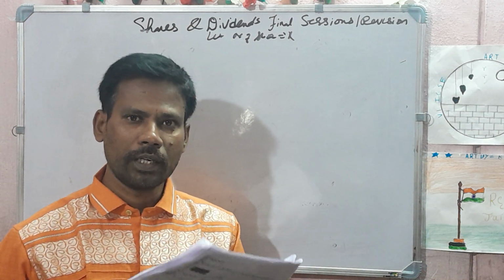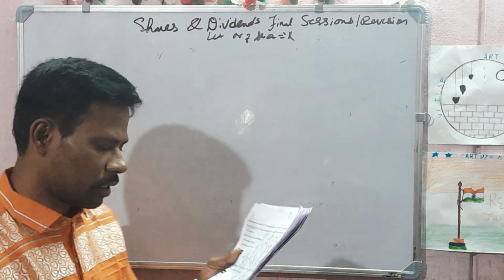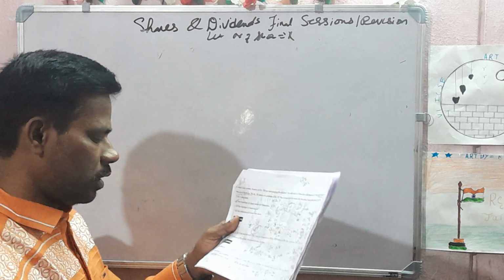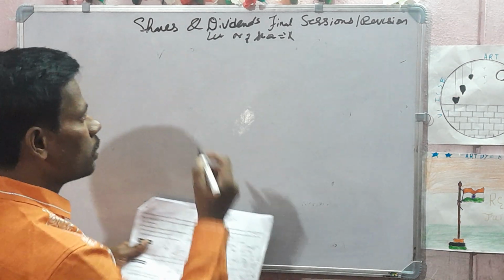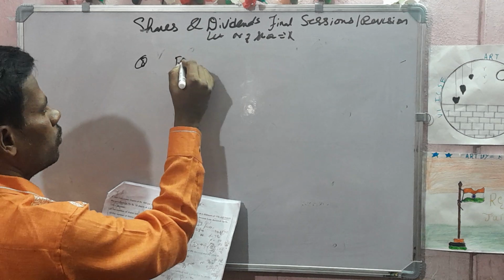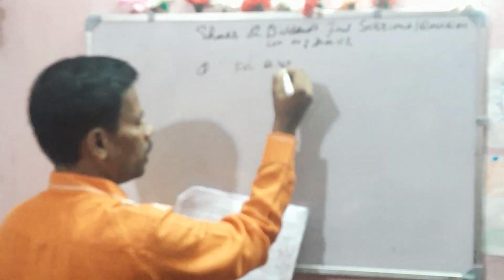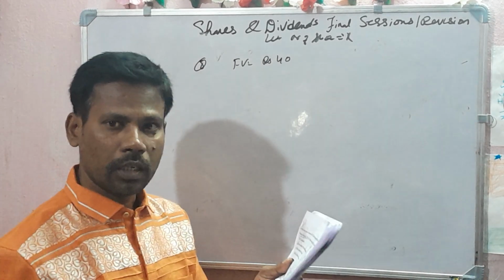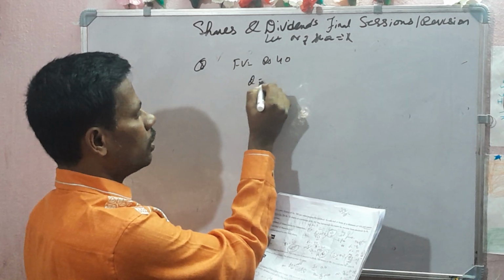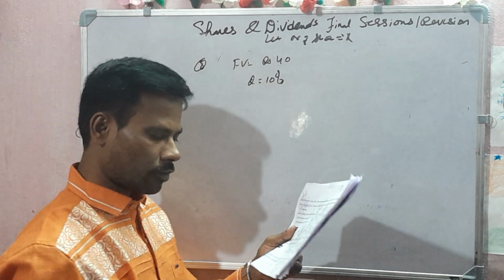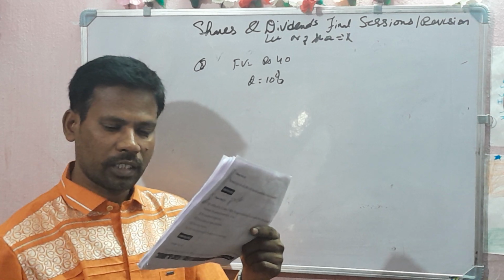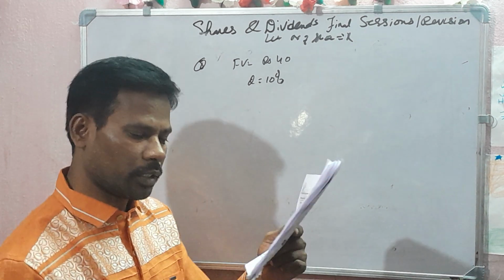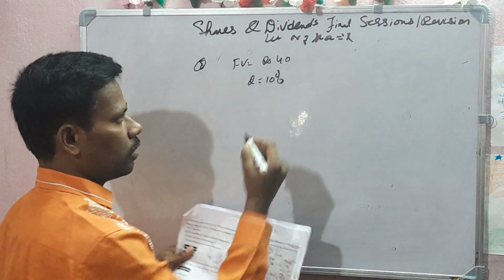At what price did he buy each share? That means market value is asked. A man buys rupees 40 shares. Face value is nothing but rupees 40. Dividend is 10%. He buys the shares at such a price that his profit is 16% on his investment.